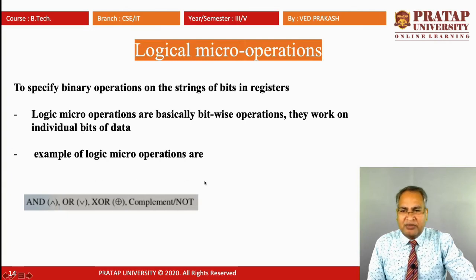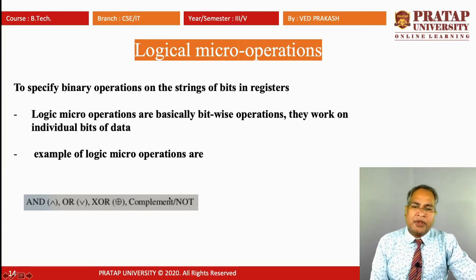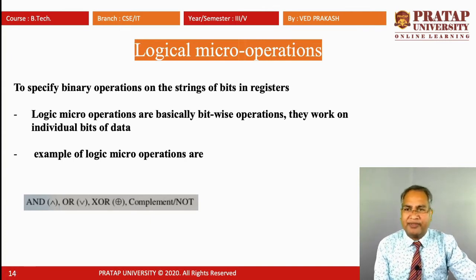So, we can take examples of micro-operations like AND gate, OR gate. It means all operations which are performed through logical gates, AND, OR, XOR, complement and NOT, are considered as logical micro-operations.